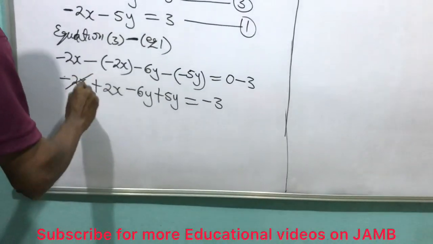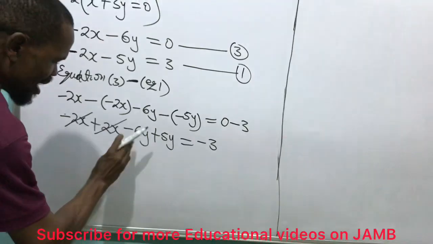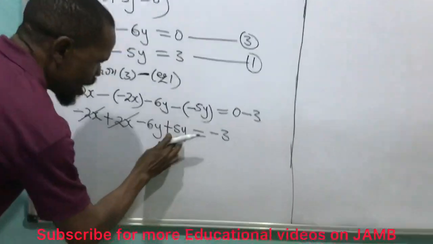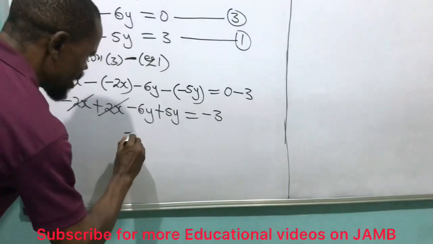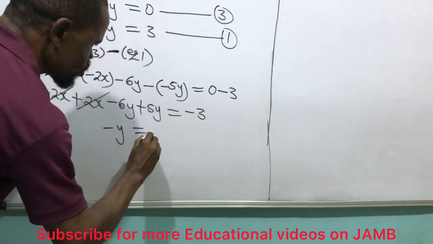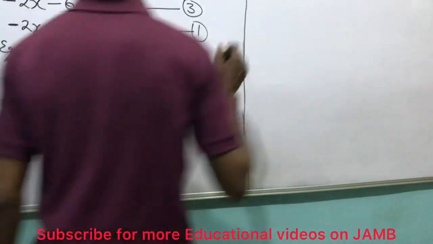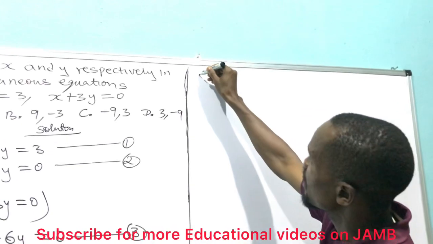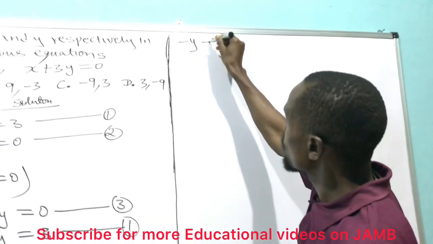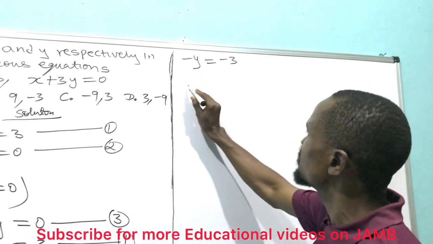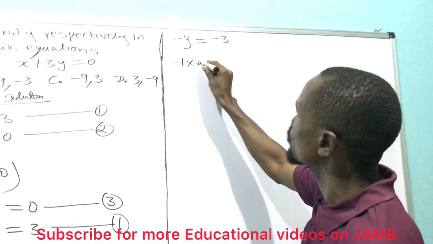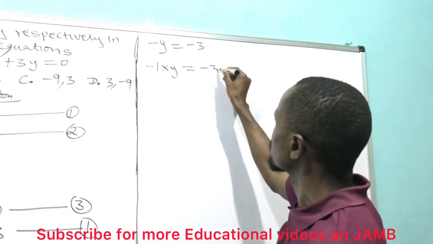Here the x terms are destroyed, and I will have minus 6y plus 5y, which gives me minus y, equals to minus 3. Then minus y equals to minus 3 is the same thing as minus 1 times y equals to minus 3.